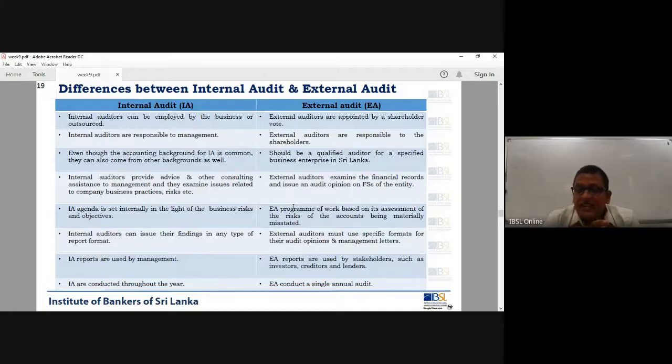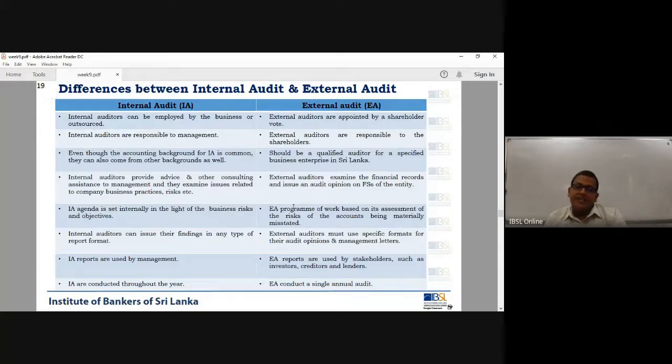But for external audit, there should be a qualified auditor for a specified business enterprise in Sri Lanka. It is one of the statutory requirements. If it is a specified business enterprise in Sri Lanka, a qualified auditor must carry out the external audit function.